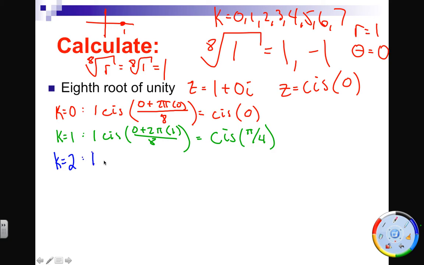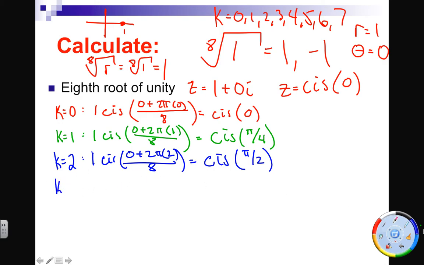1 times the CIS of 0 plus 2 pi times 2 over 8 equals. Okay, so 2 pi times 2 becomes 4 pi. 4 pi over 8 is pi halves. And we get CIS of pi halves. I've got to change colors here. Let's go with black.